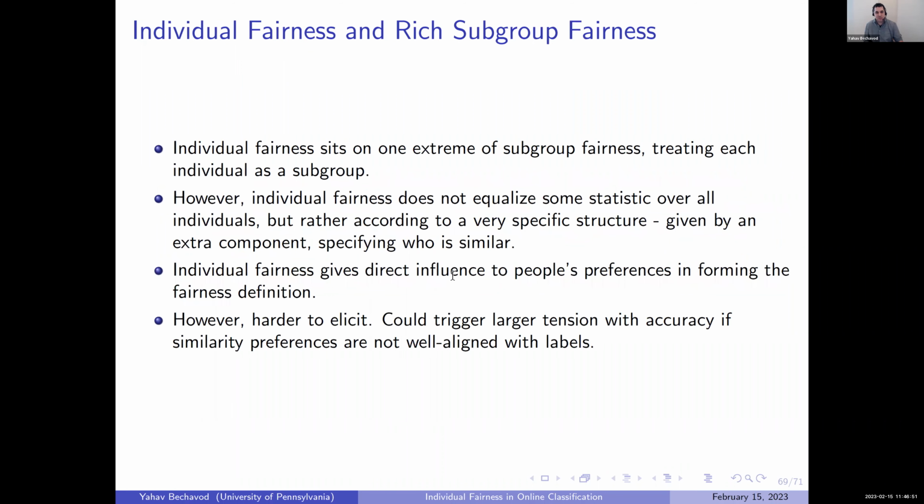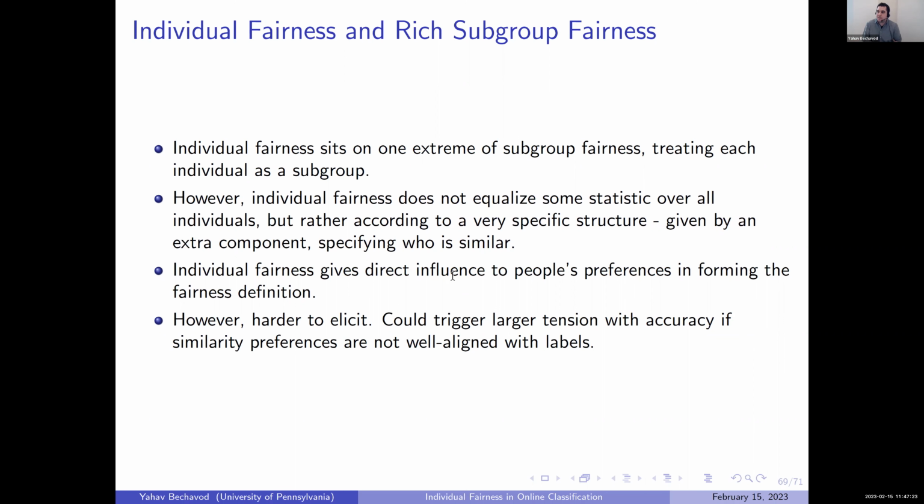I was writing this slide, trying to compare these two notions in my mind. It seems like individual fairness sits on one extreme of subgroup fairness, where you treat each individual as a subgroup, but you don't equalize across all of the individuals, just plain and simple. But there is this additional primitive, the similarity metric, which gives you a very specific structure to operate on.